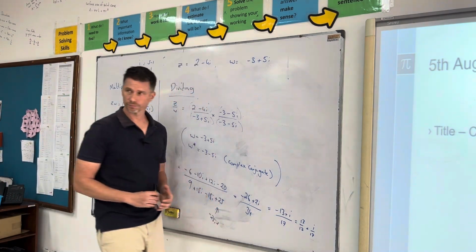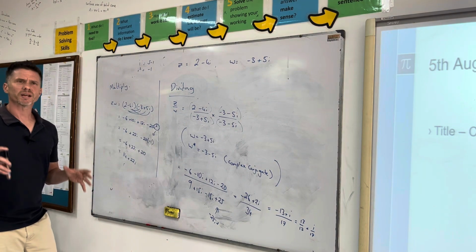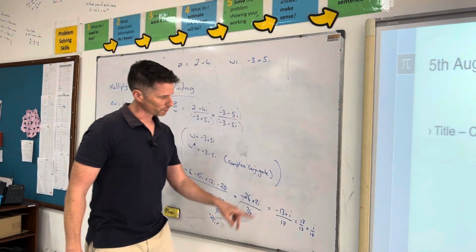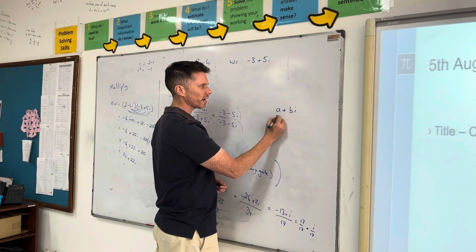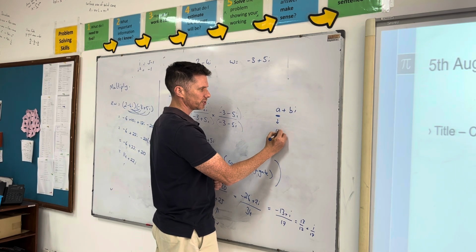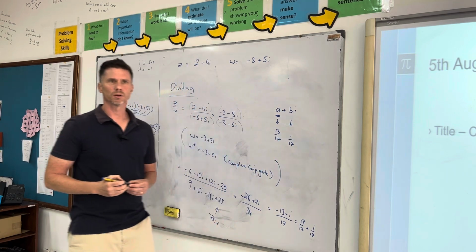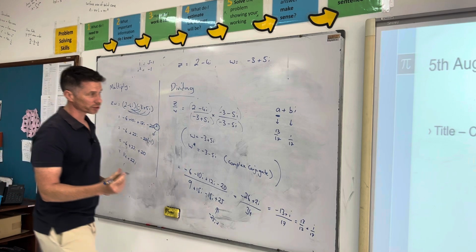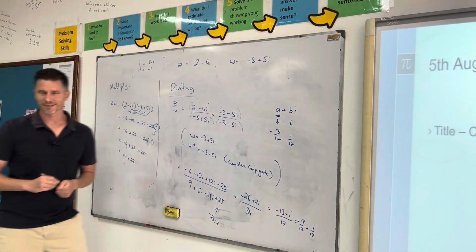Depending on the question, both of these would be fully simplified. But sometimes they ask for it in a plus bi form, where you have to give a as minus 13 over 17, and b would be 1 over 17. The negative next to the 13 shouldn't disappear.